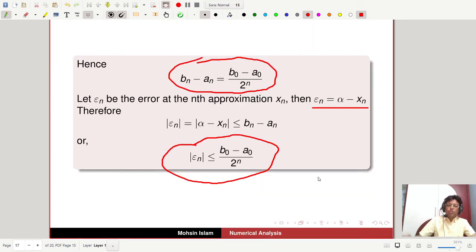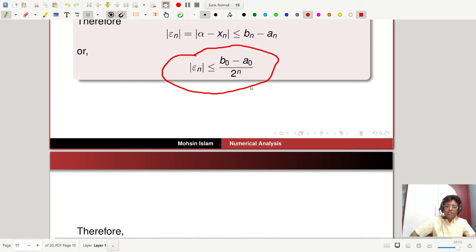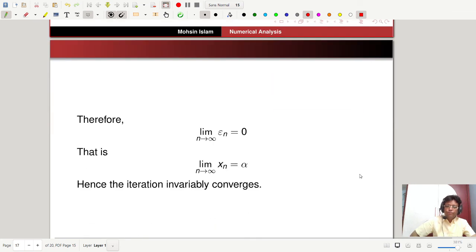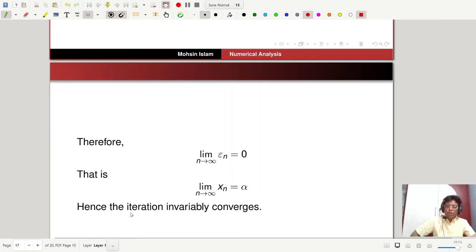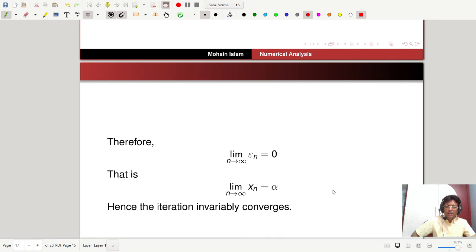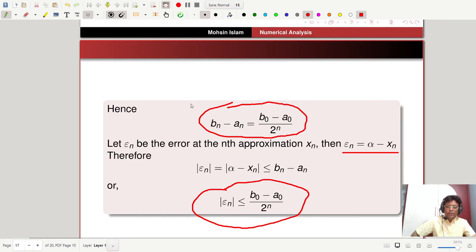So if n tends to infinity, this error goes to 0, because you have 1 by 2 to the power n. So the limit as n tends to infinity of xn is equal to alpha. Hence the iteration invariably converges. So this is the beautiful method, and this is how you can calculate the estimation of error also.